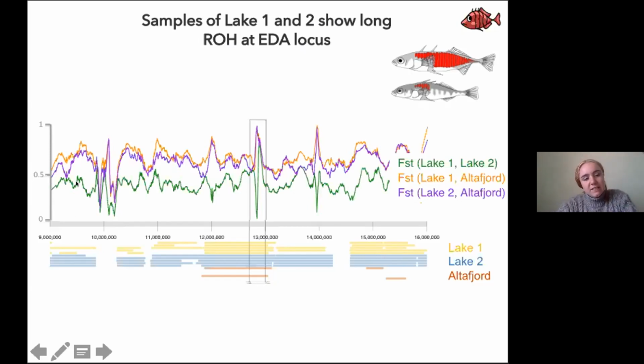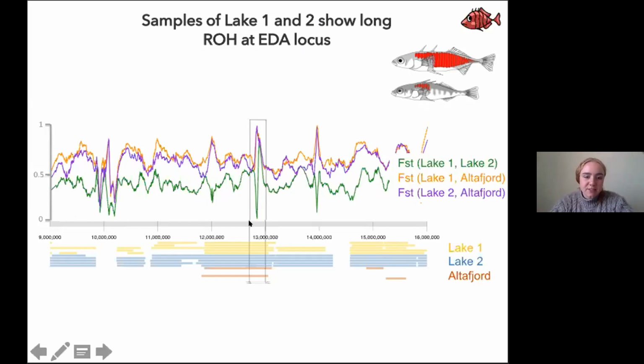What you can already see here is that the green line is a bit lower than the other 2 lines, which makes sense because both populations have probably undergone parallel adaptation to the freshwater environment, and both carry the freshwater variants at this adaptive locus.